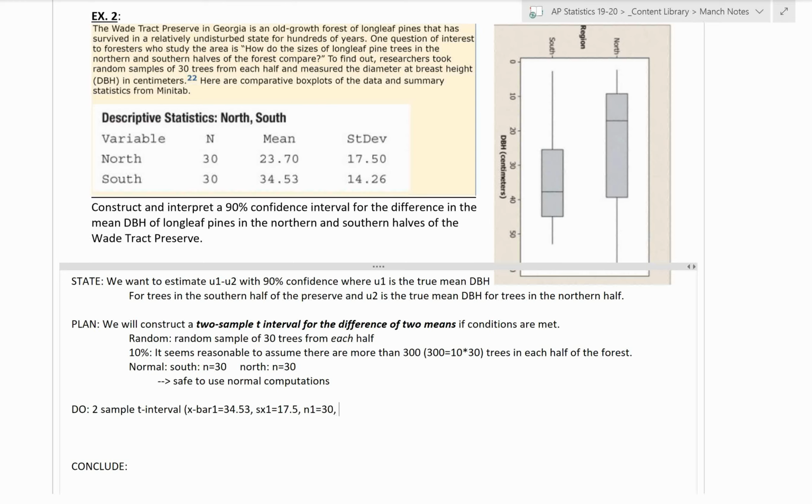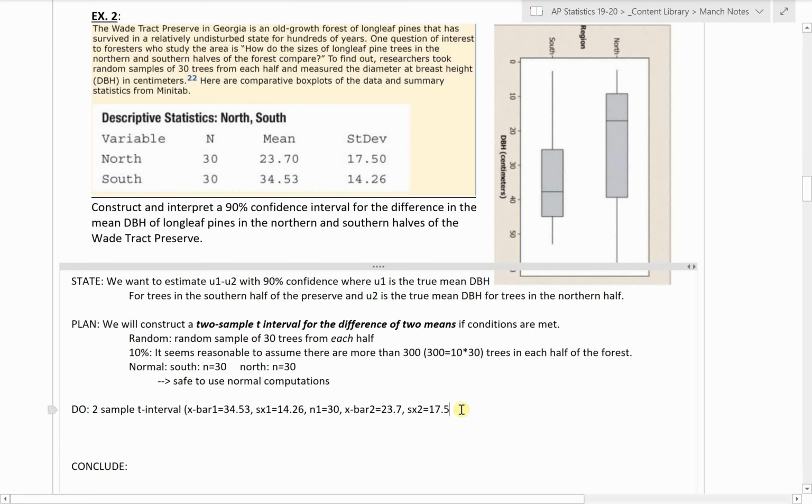Then it asks us for x bar from the north, which was 23.7, standard deviation from the north, which was, okay, I got my stats a little crossed up here. The standard deviation from the north is 17.5. I messed up this one back here. The standard deviation from the south is 14.26.